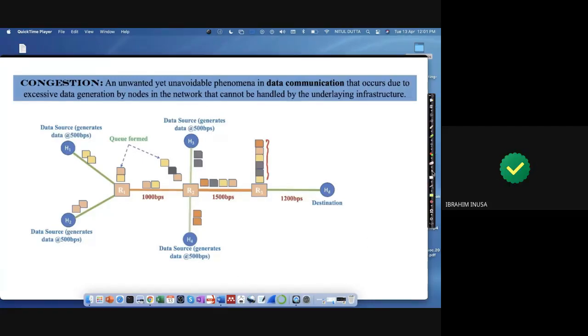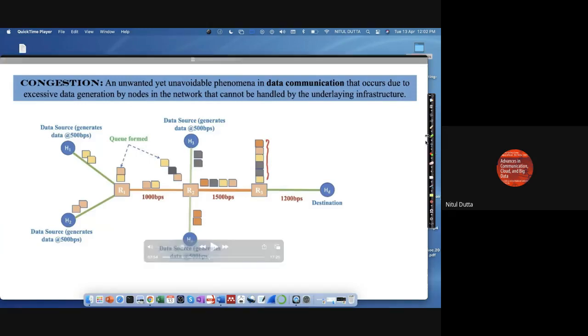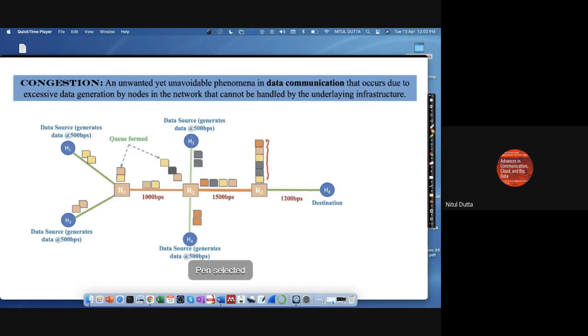Sir, when we receive some packets at the destination and we experience a drop of packets, there must be some kind of mechanism. Yeah, actually, see, there are two things. Say this is a sender and this is a receiver.